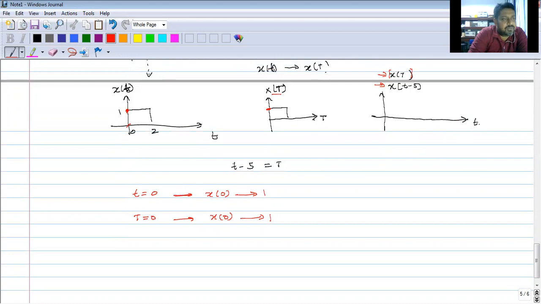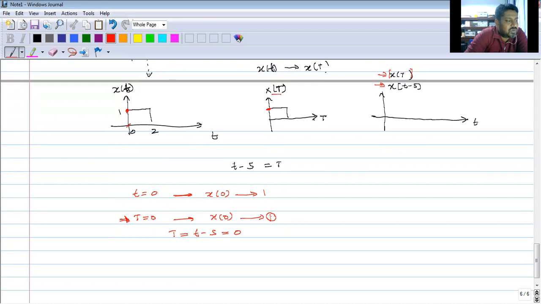What is the value of this simple t for this point? You know that this T is equal to t minus 5. So if I equal it to 0, I will get x(0) is equal to 1. So I will get the amplitude 1.